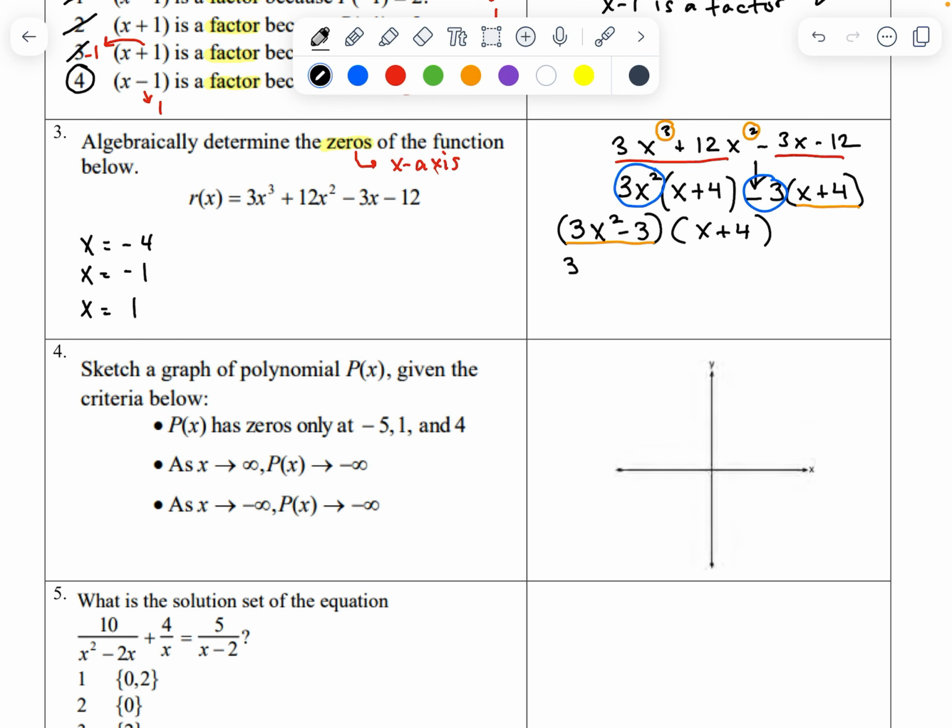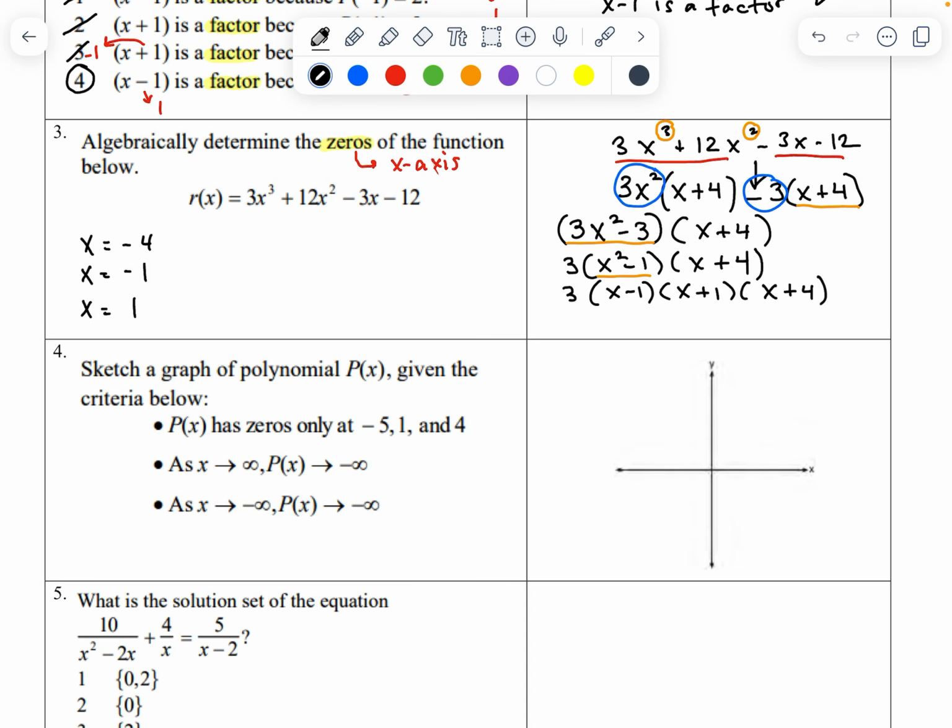So I'm going to pull the 3 out, and I'm left with x squared minus 1. Now, x squared minus 1 is actually a difference of squares, and that can be factored again. So I still have a 3, I have x minus 1, x plus 1, and then I still have that x plus 4.